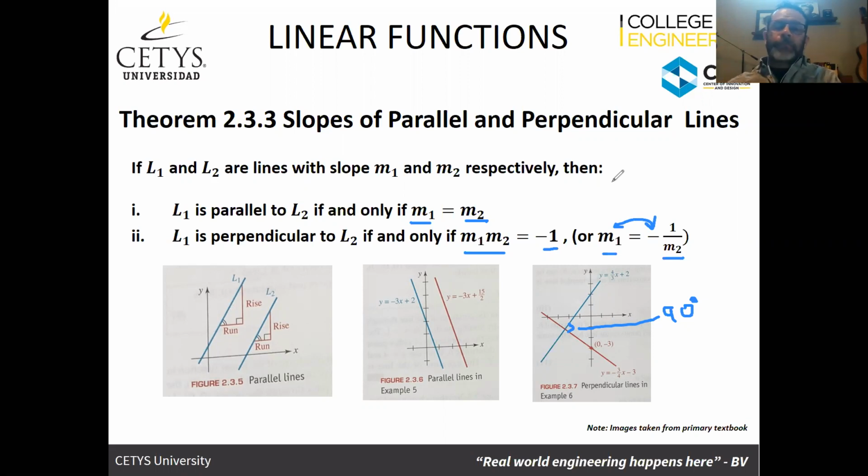Okay, so an example of two parallel lines would be, for example, if M1 equals 2, then for the lines to be parallel, what would M2 have to be equal to?